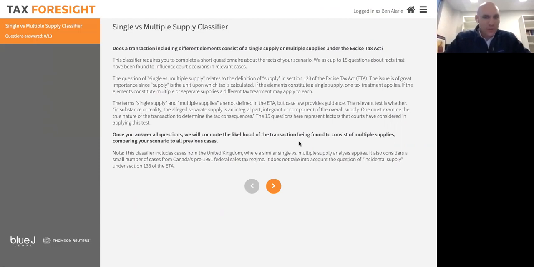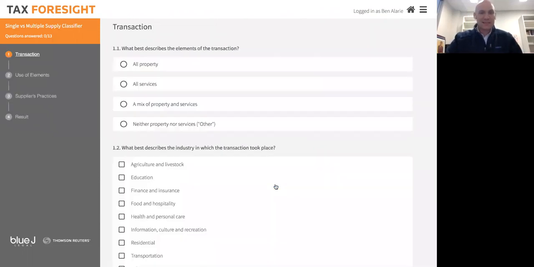It explains that we need to basically answer a short questionnaire about the situation, what it's trying to do, the sorts of issues it's addressing under the Excise Tax Act, specifically Section 123 of the Excise Tax Act, and then we'll get to a prediction about how a court would probably analyze this kind of situation.